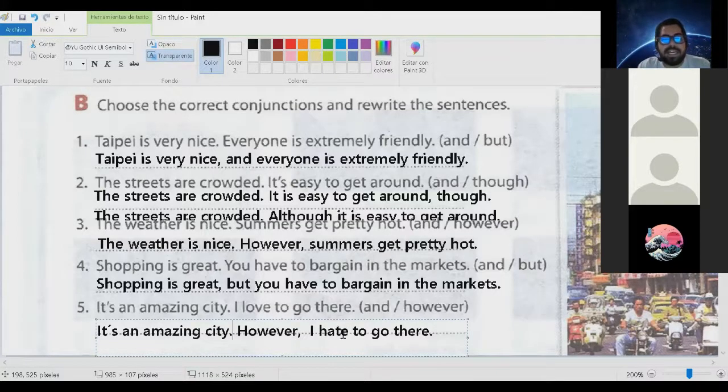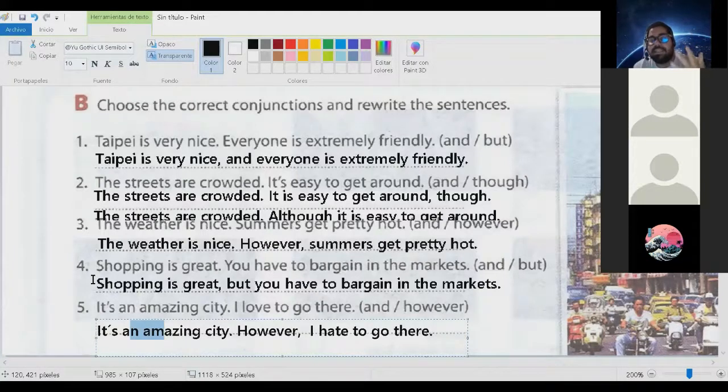Normally, guys, when we're making a contrast, we have something positive y lo siguiente negativo. O viceversa, we have something negative y contrastamos con algo positivo, all right? As you can see in all the sentences. In here, for example, en este que inventé, aunque es asombrosa, no me gusta ir. Shopping is great.